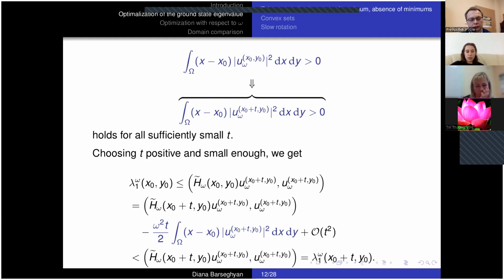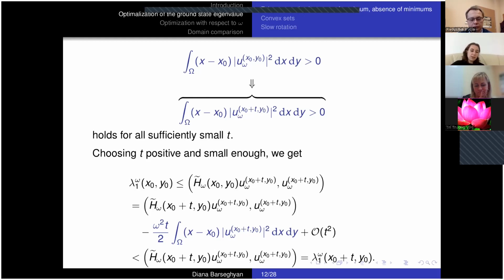Then we do the calculations again, giving this line, and again, having that this integral of x minus x0 times u omega squared is positive and t is positive, the second component should be negative, and it has order 1, t has order 1, and the last one has order t squared. Therefore, we prove now that this line is less than the last line.